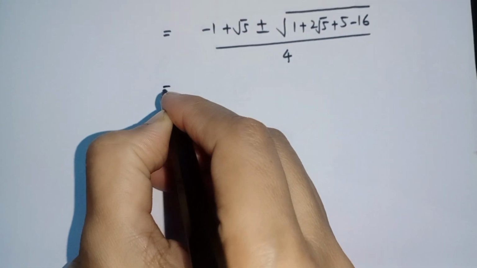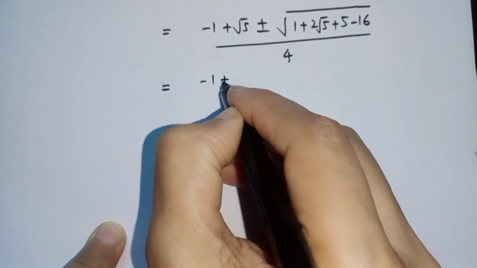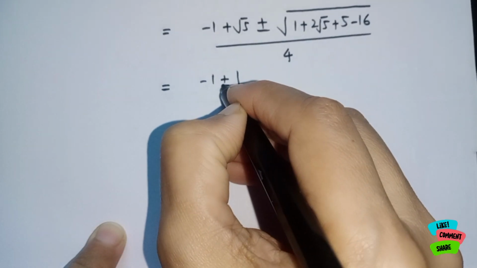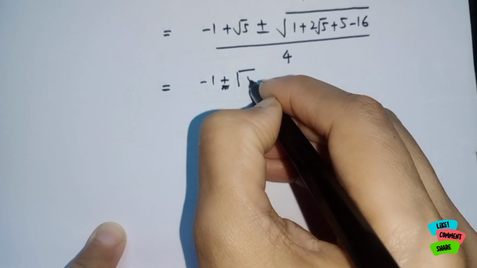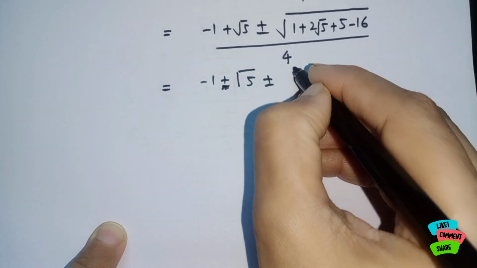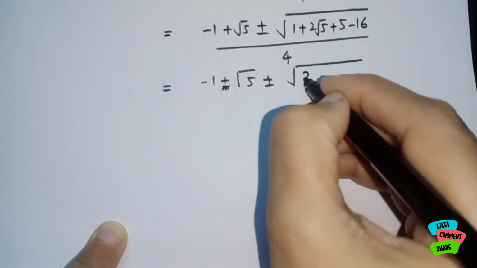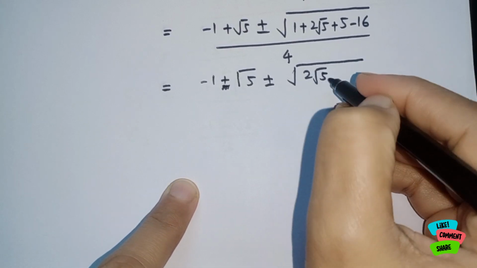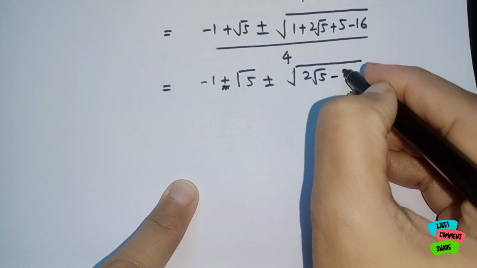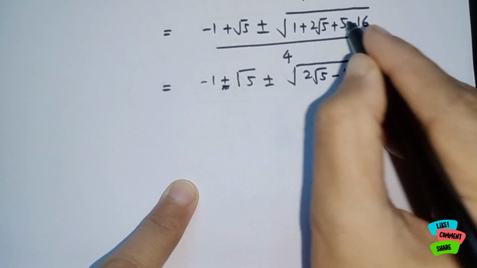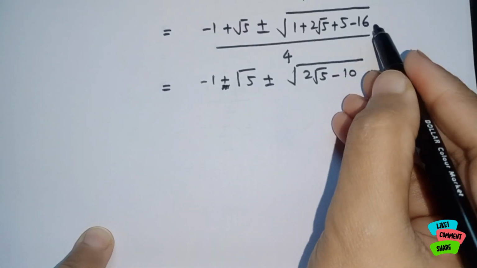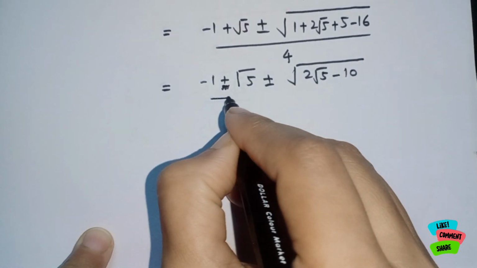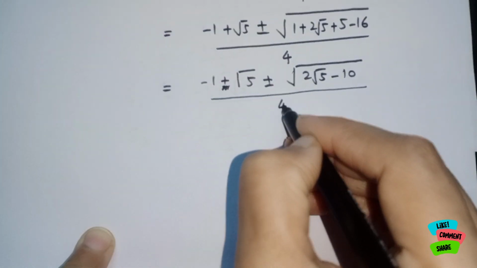So from here we will get minus 1 plus square root 5 plus or minus square root 2 times square root 5 minus 10, because this 1 plus 5 will give 6, and we will subtract 6 from 16 and we will get minus 10 over 4.